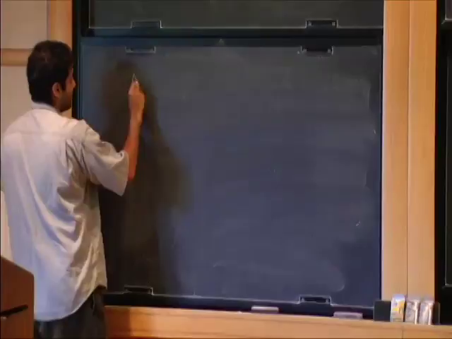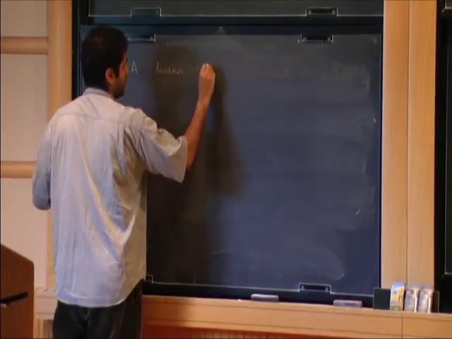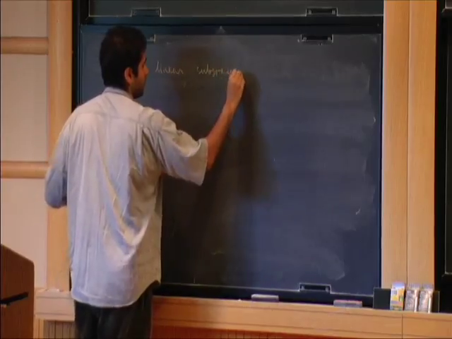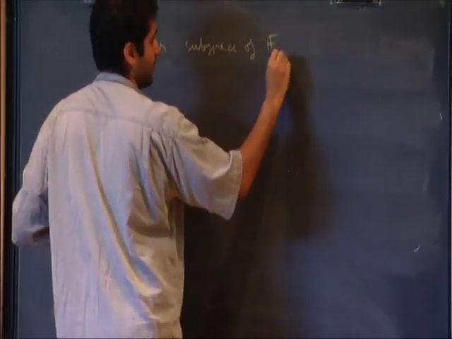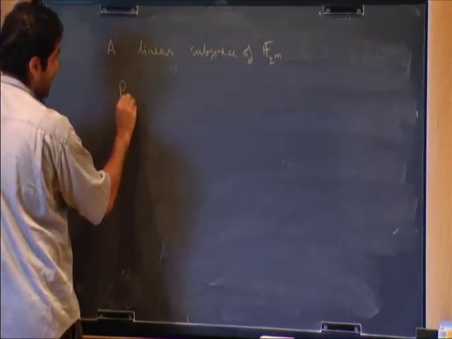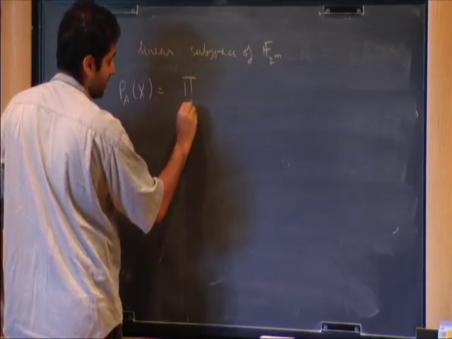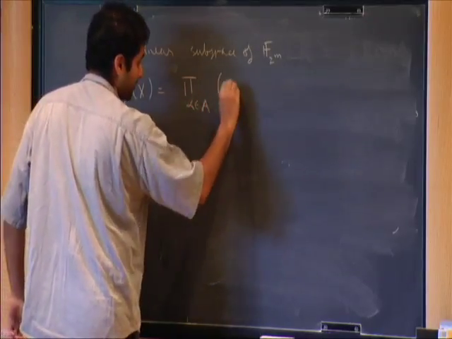So if A is a linear subspace of F2 to the m, an F2 linear subspace, then define P_A of x to be the product over all alphas in A of x minus alpha.